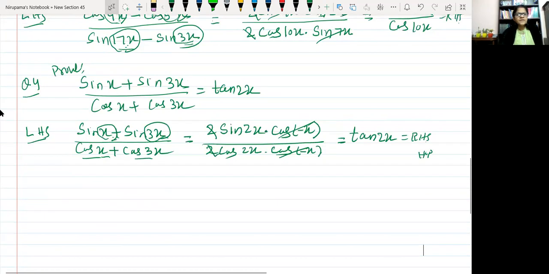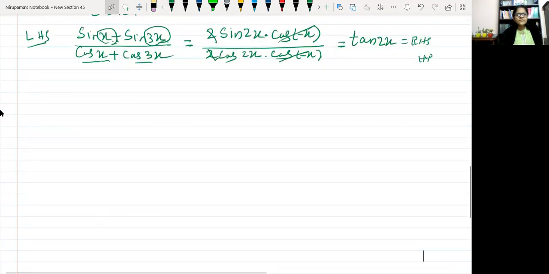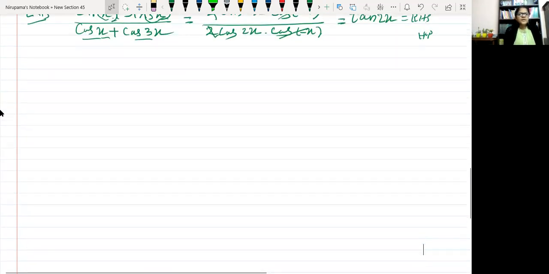Okay, so now let's take one question having 3 terms in the numerator and 3 terms in the denominator. Question number 5.